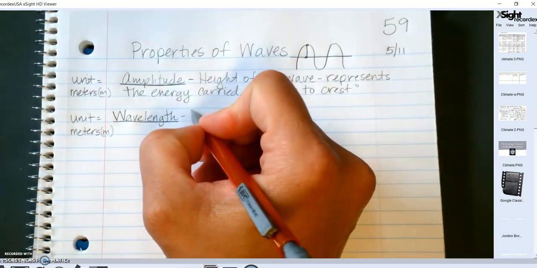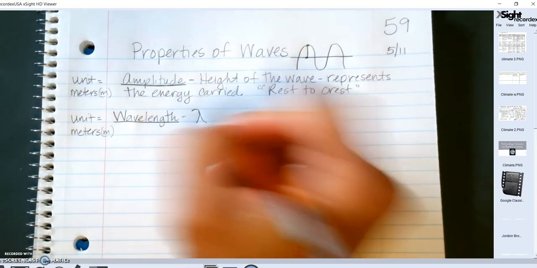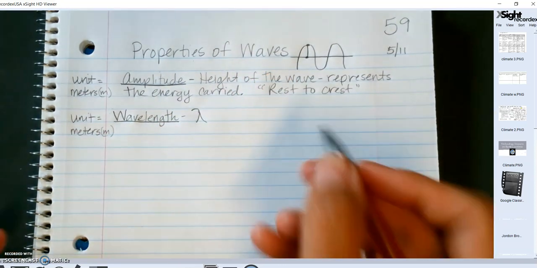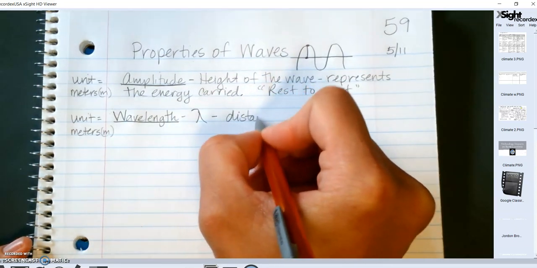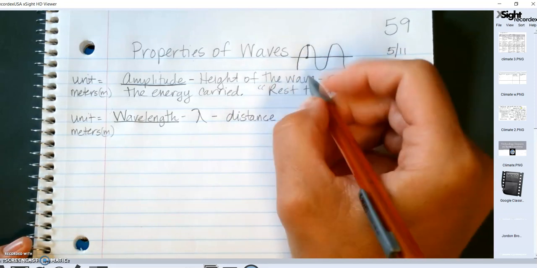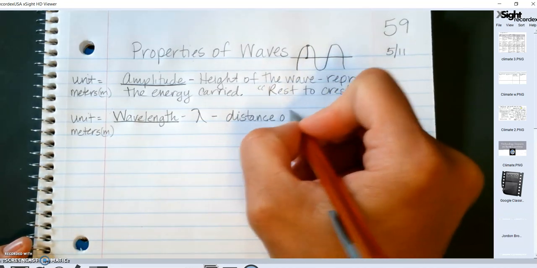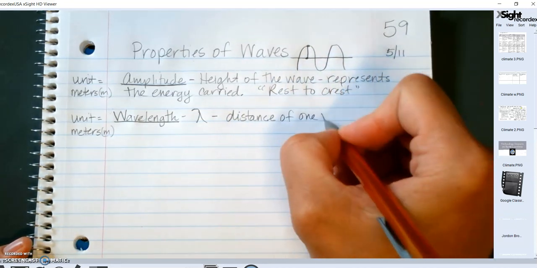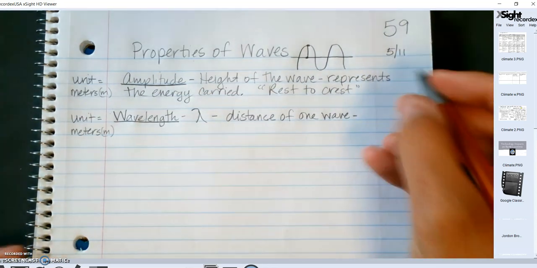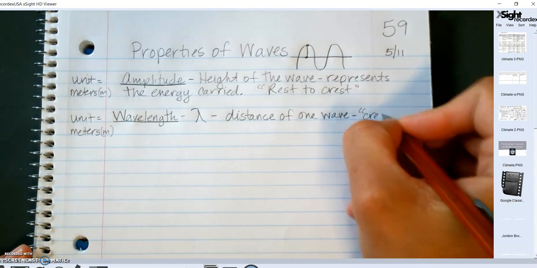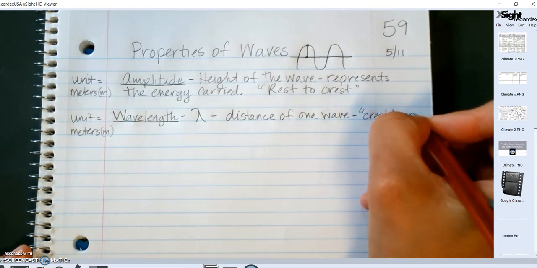And again, remember the symbol is lambda, the Greek letter, and the meaning is going to be the distance of one wave. So I like to measure that crest to crest.